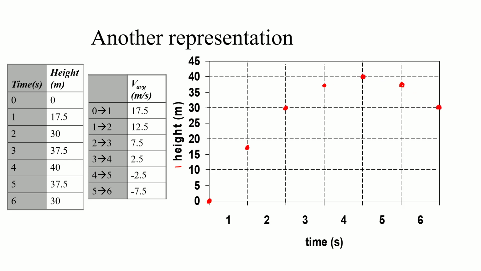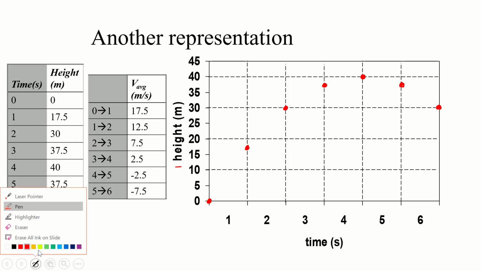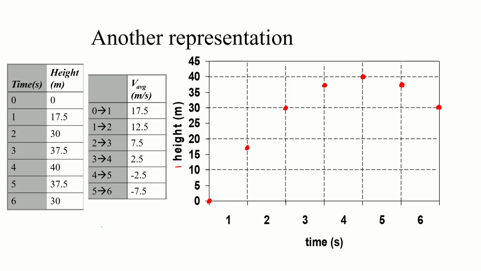So we can plot the position as a function of time on a graph just by plotting those ordered pairs, the position and the time values. The question is, what else can we read off this? Well, if we think about how we calculated our average velocities, let's look at the average velocity from 0 to 1 second.